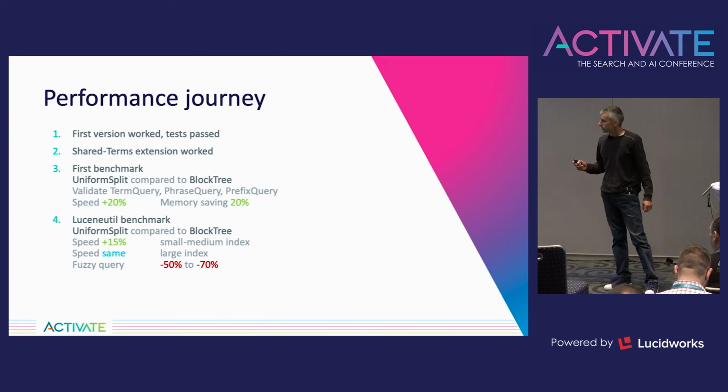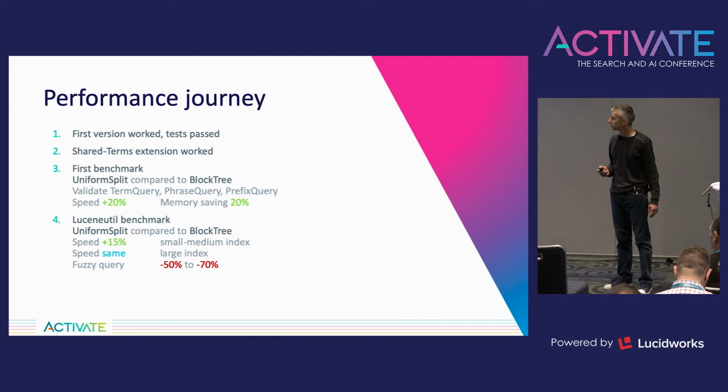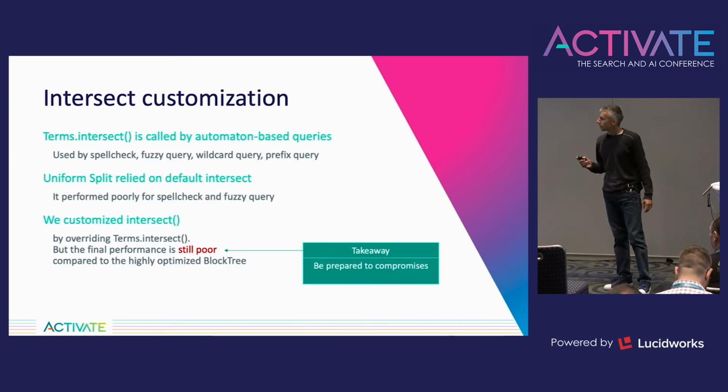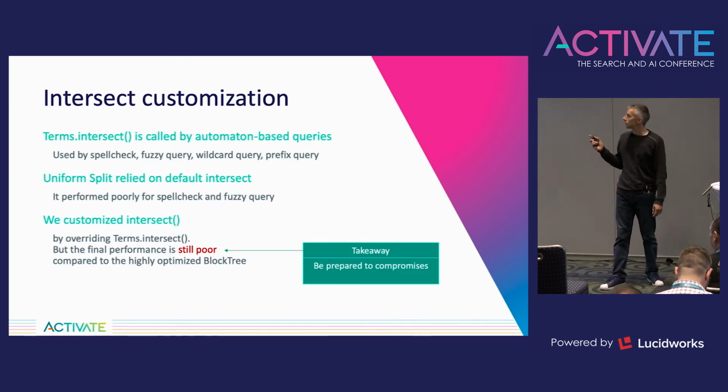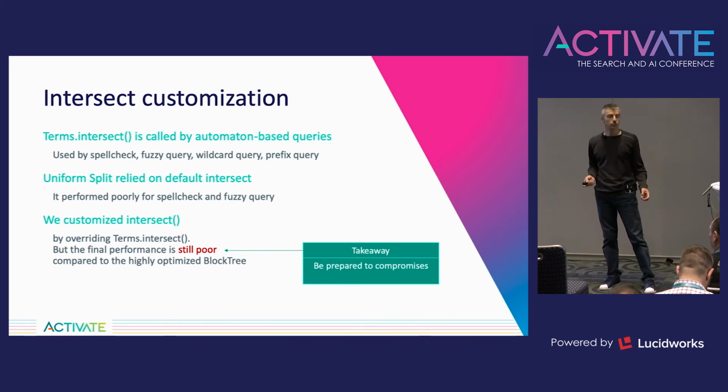And we realized that we had an issue with fuzzy query, which was not our focus, but we tried to fix that. Fuzzy query is an automaton-based query, such as other wildcard prefix query. It relies on the terms intersect method, so we tried to customize it.